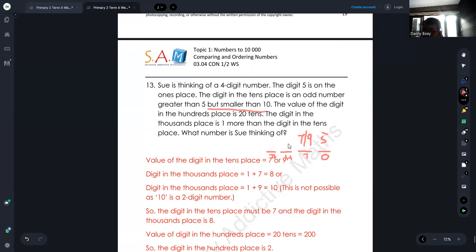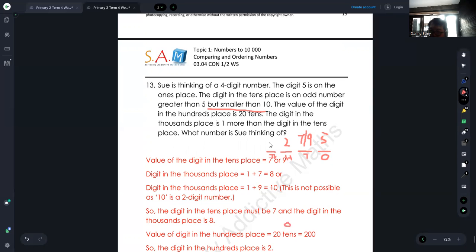Now, what does 20 tenths mean? That means 20 tenths is 200. Remember, 20 tenths is 200. All right.